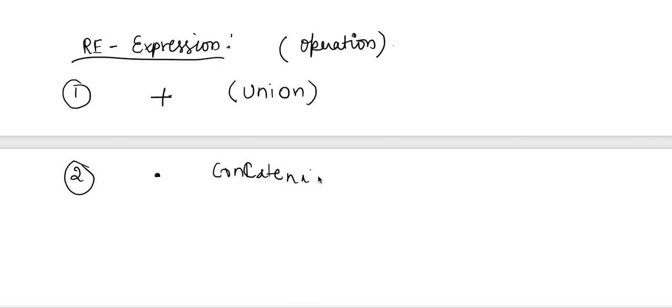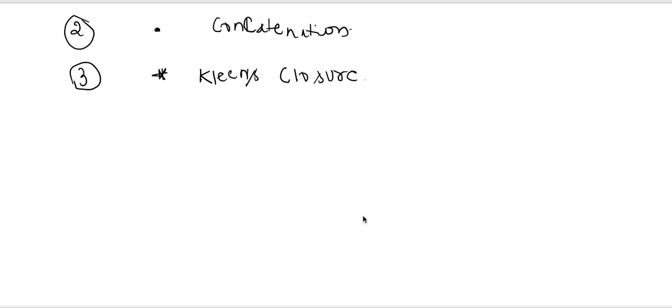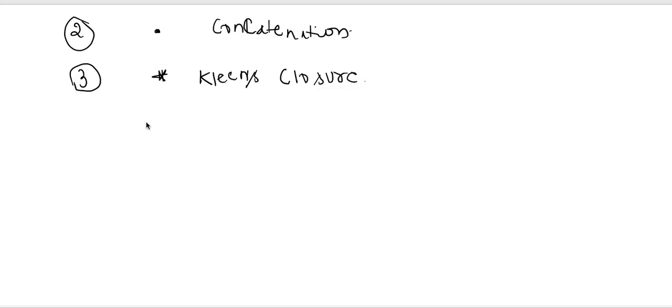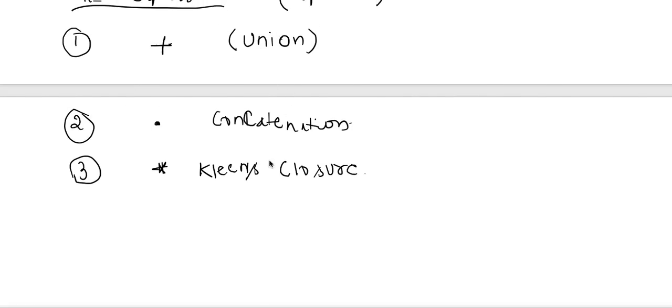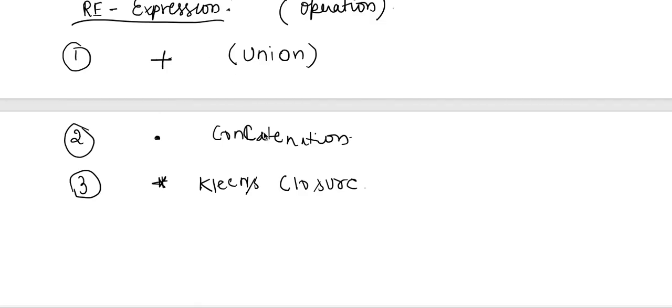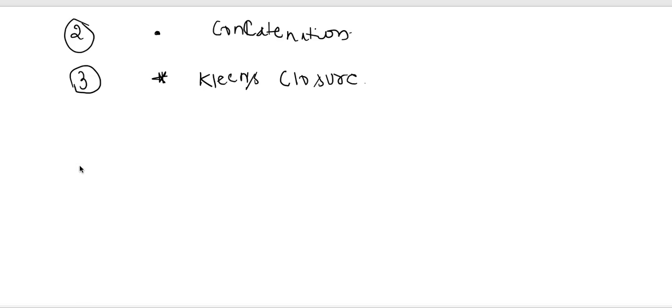Okay, and the third one is Kleene closure, that is denoted by the star. Okay. See, by the help of these operations, we can derive any regular expression for any language. We'll see how we are going to do it. Okay, there are some of the basic regular expressions. Let's check it. What are those?